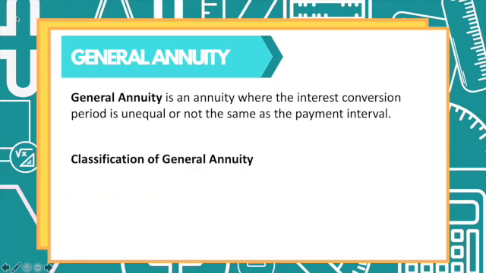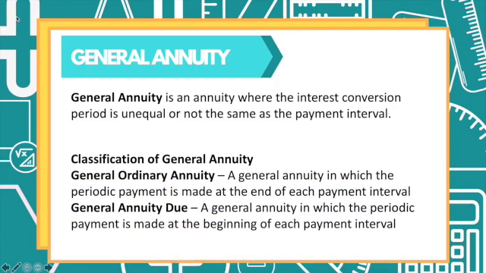Okay, there are two classifications of general annuity. We have general ordinary annuity and general annuity due. The concept of these two classifications is very much similar to simple annuities. In an ordinary annuity, the payments are made at the end of each payment interval, while in an annuity due, the payments are made at the beginning of each payment interval.